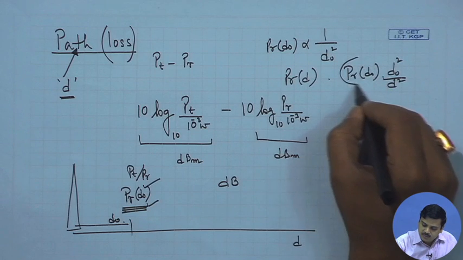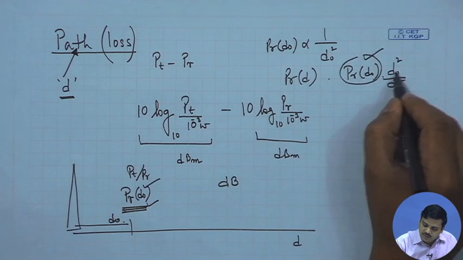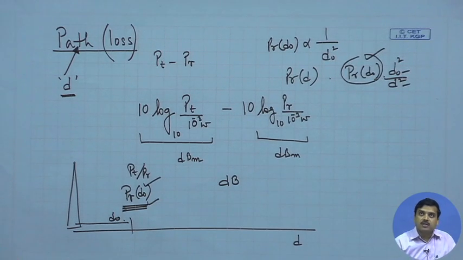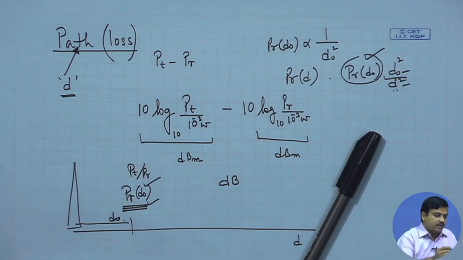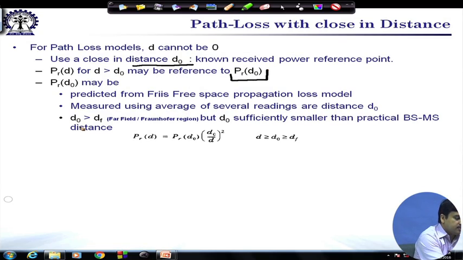In that case, this value is known to us. We are simply scaling the distance with these numbers. Of course, this d is restricted to be beyond a certain distance, that is d0, as is seen in this expression. PR(d0) may be predicted from the free space propagation loss model.